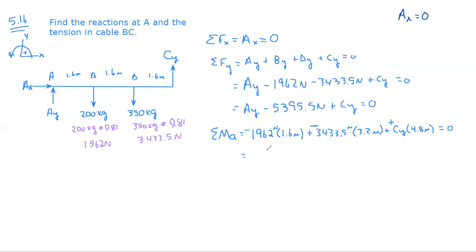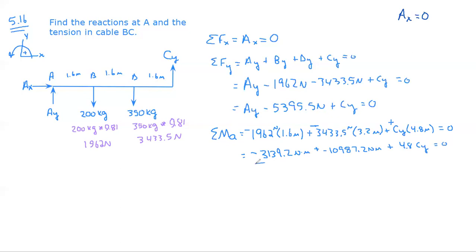Putting those numbers in the calculator: negative 3,139.2 newton meters plus negative 10,987.2 newton meters plus 4.8 times CY is equal to 0.